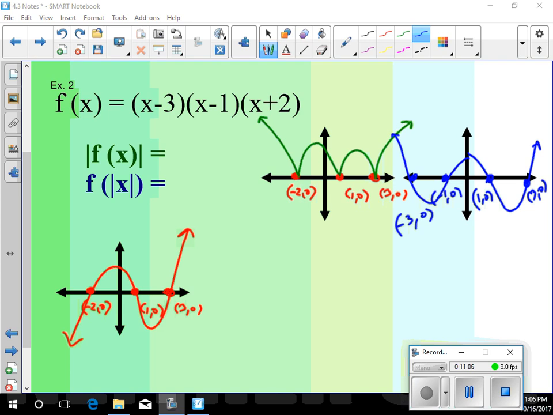So do the outputs of the negative x values matter? In what sense? Well, if I plug in a -3, do I care what the output of -3 would have been in f of x? Well, now I don't, because -3 now has an output of whatever +3 would be as an input.